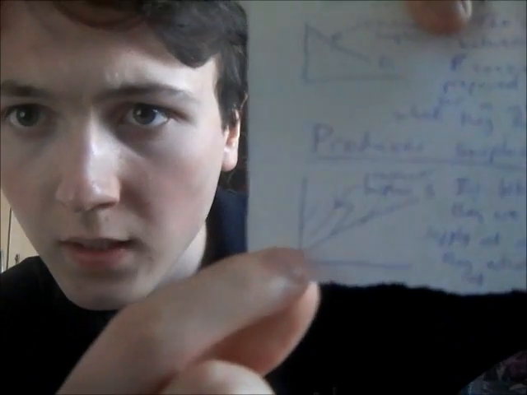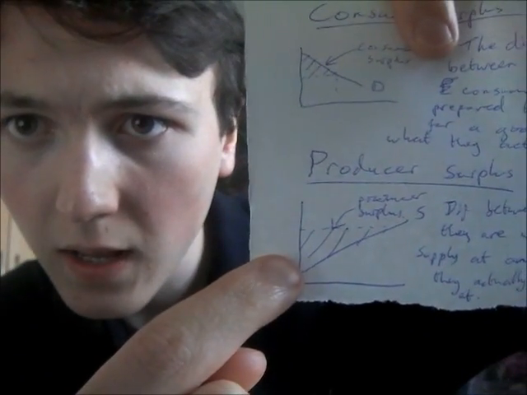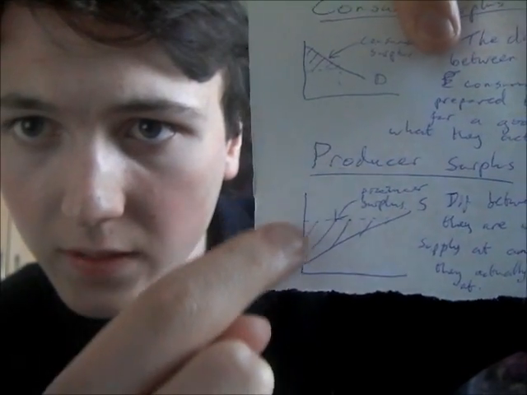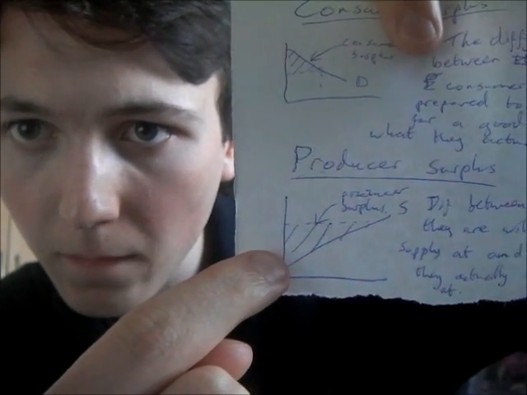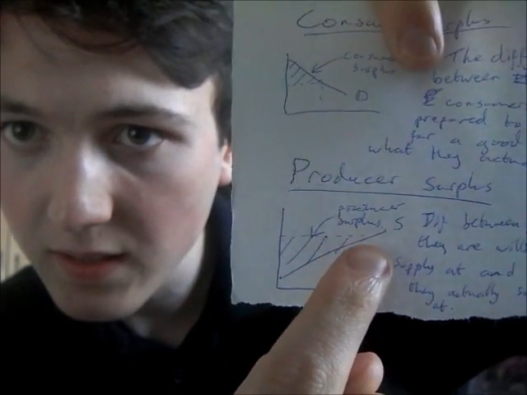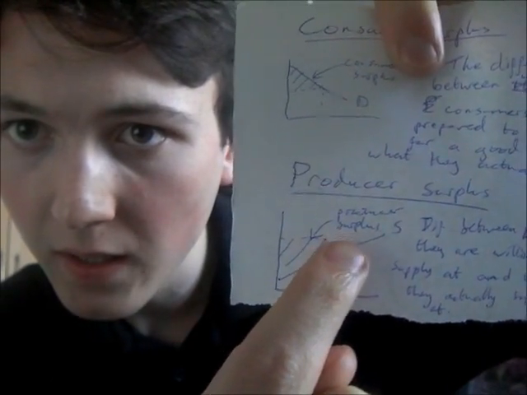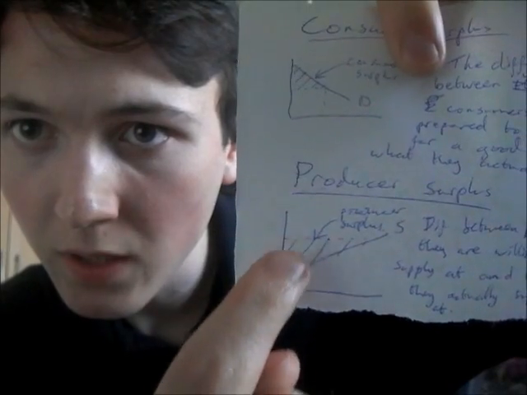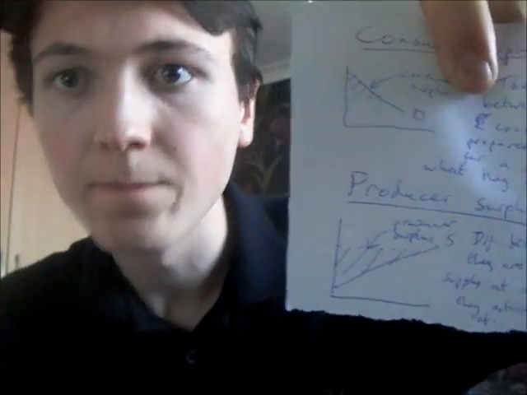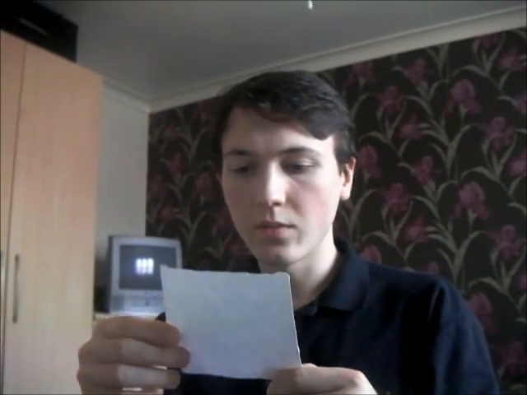So this is the cheapest, isn't it? It's the lowest price. So by selling at this, the market price, they're gaining this surplus, because this is the lowest that they were willing to go to. Okay. So the difference between what they are willing to supply at and what they actually supply at.